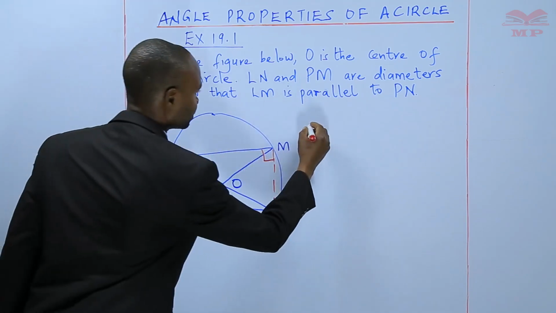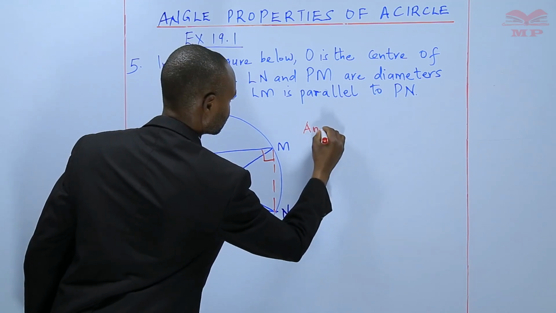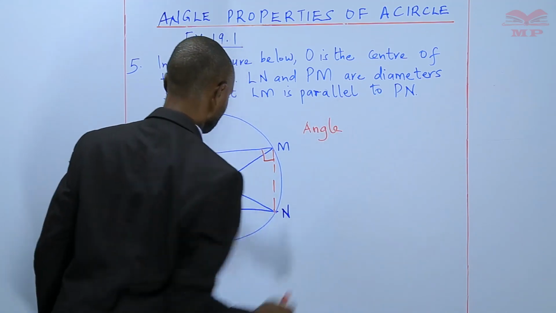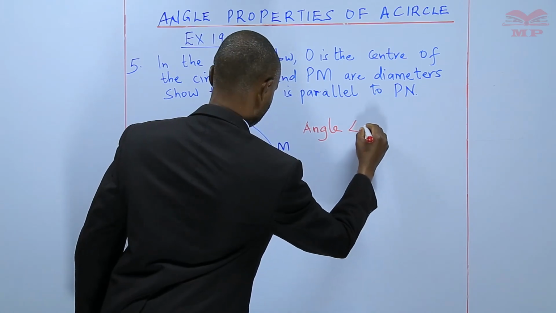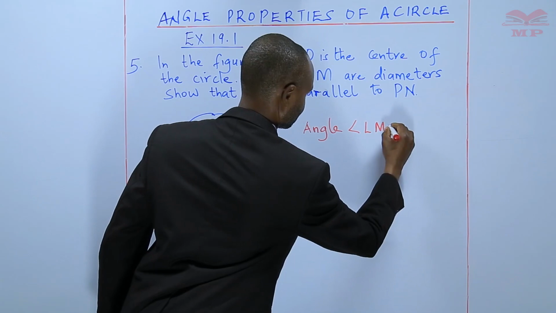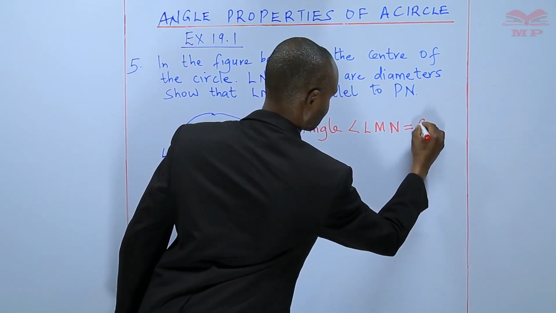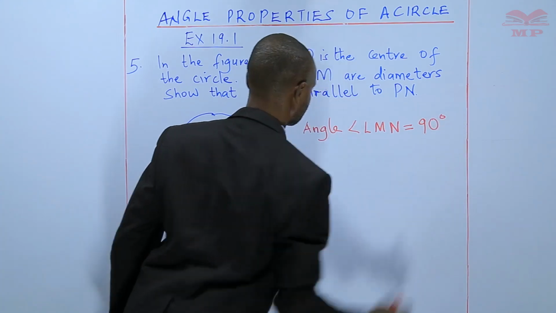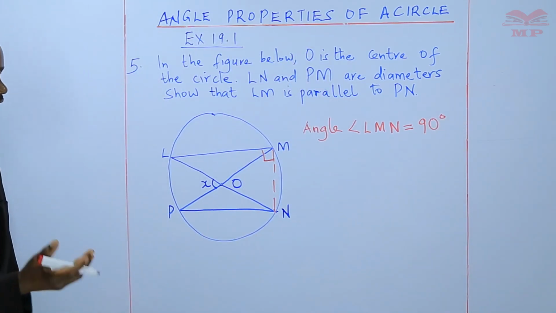Therefore, angle LMN is equal to 90 degrees, which is a right angle.